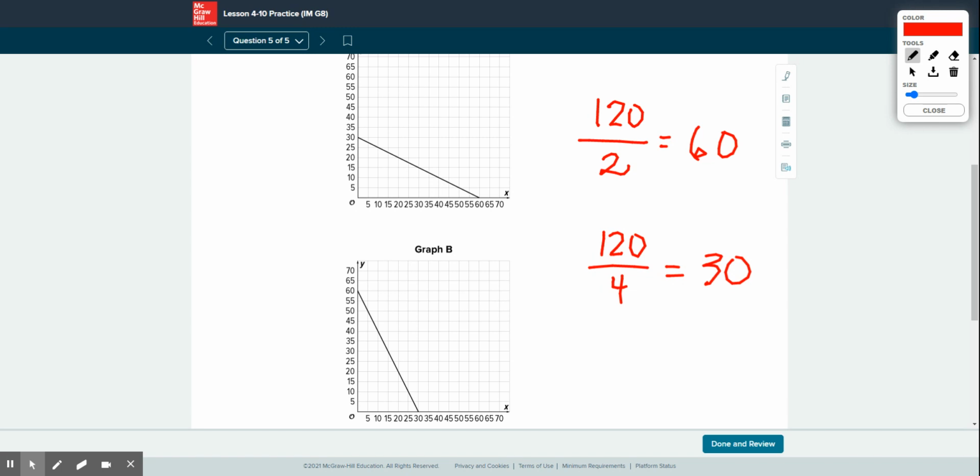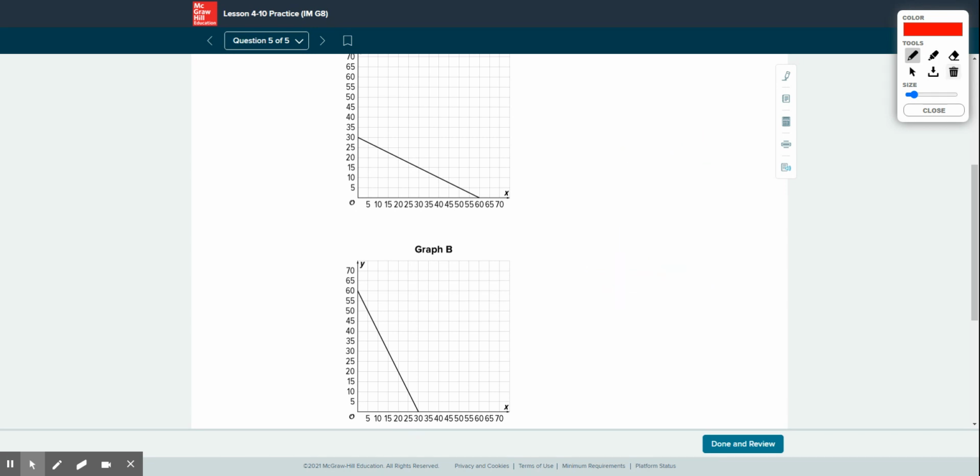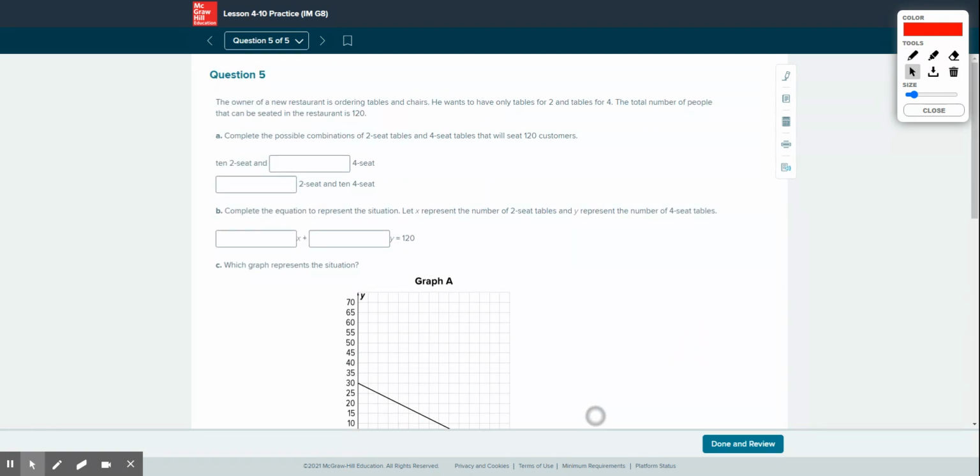Now, what you'll notice on each of these graphs is you have one where you have 30 there and 60 here, and 60 here and 30 there. So they've switched these around for the 2-seat tables or the 4-seat tables being the independent variable. The common thing that we do in math, when we decide which one is X and which one is Y, is we come back to this situation.